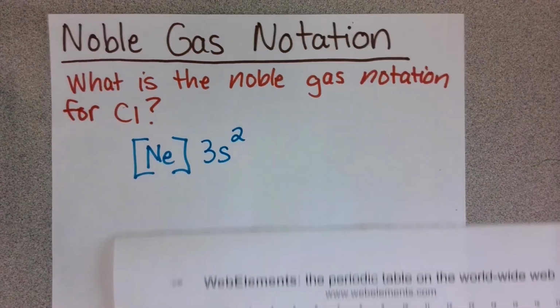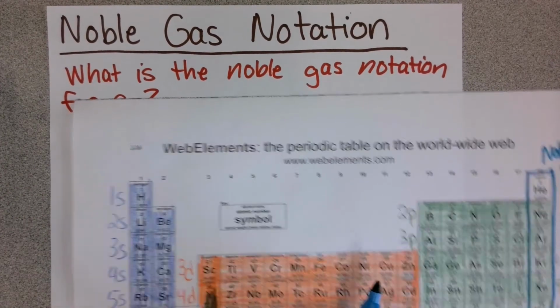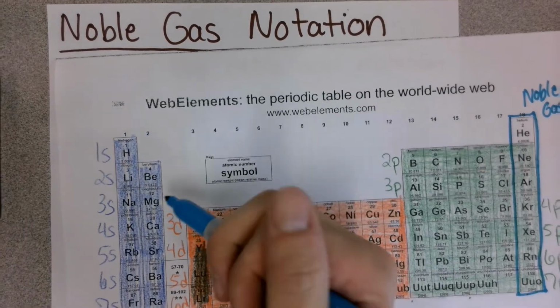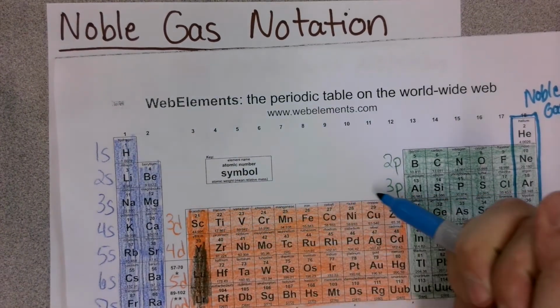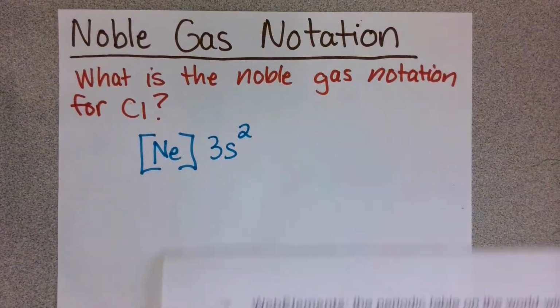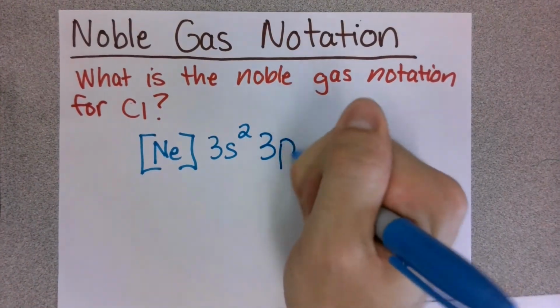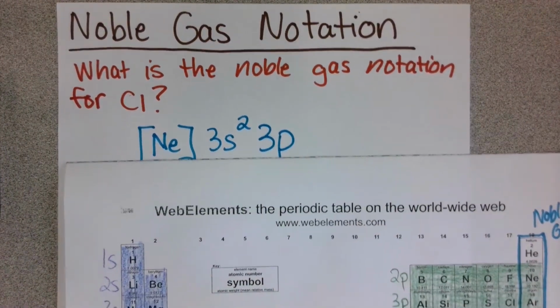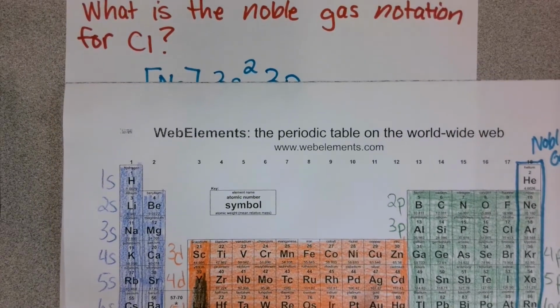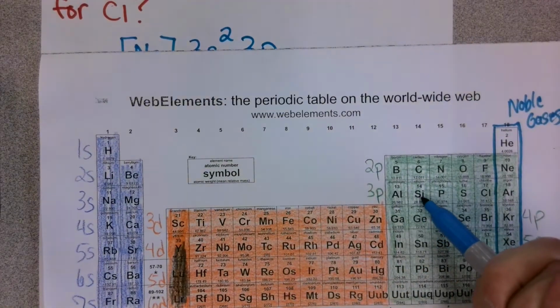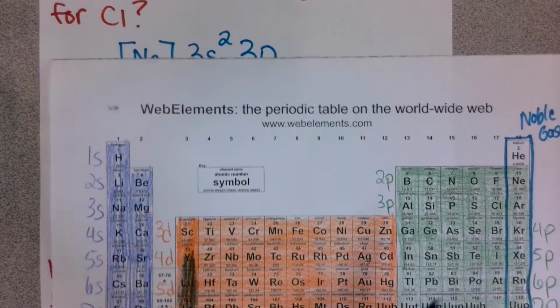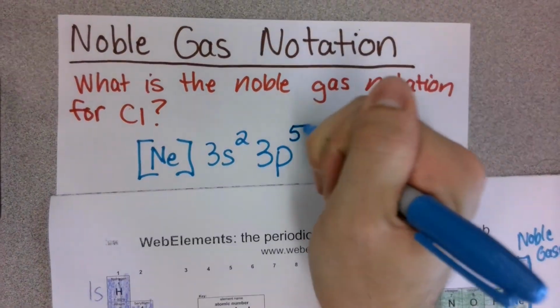Okay. Then we're going to keep going, and since there is no 2d, we're going to follow it over. We're going to go 3p, and then count over until we reach chlorine. Alright, so we're at 3p, 1, 2, 3, 4, 5. So it's 3p5.